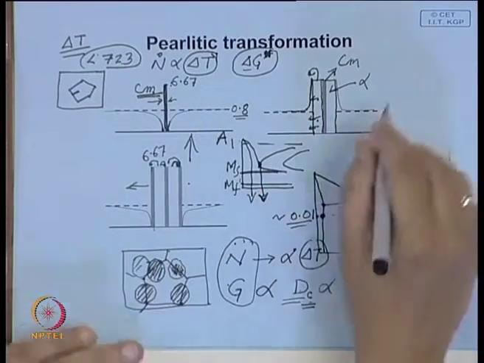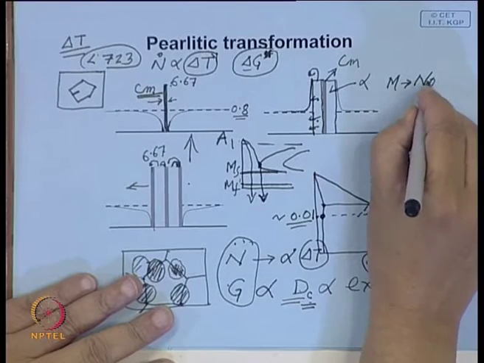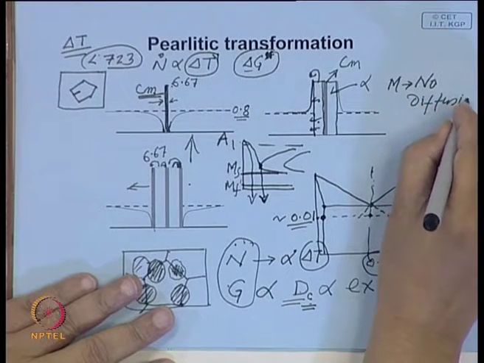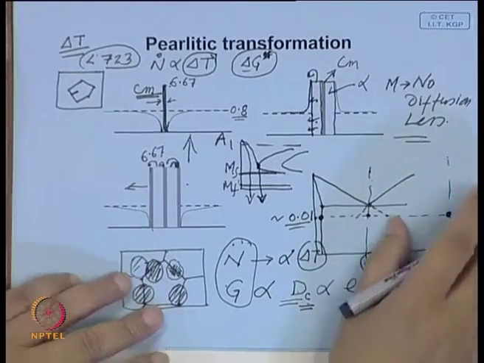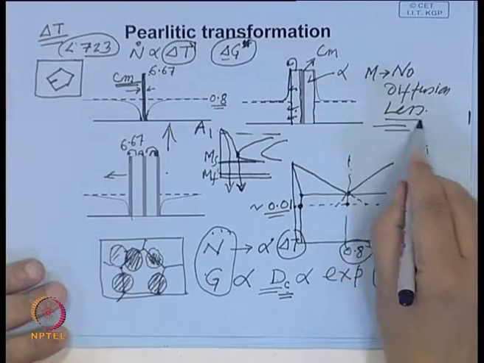Martensitic transformation is one where there is no diffusion, it is a diffusionless transformation.